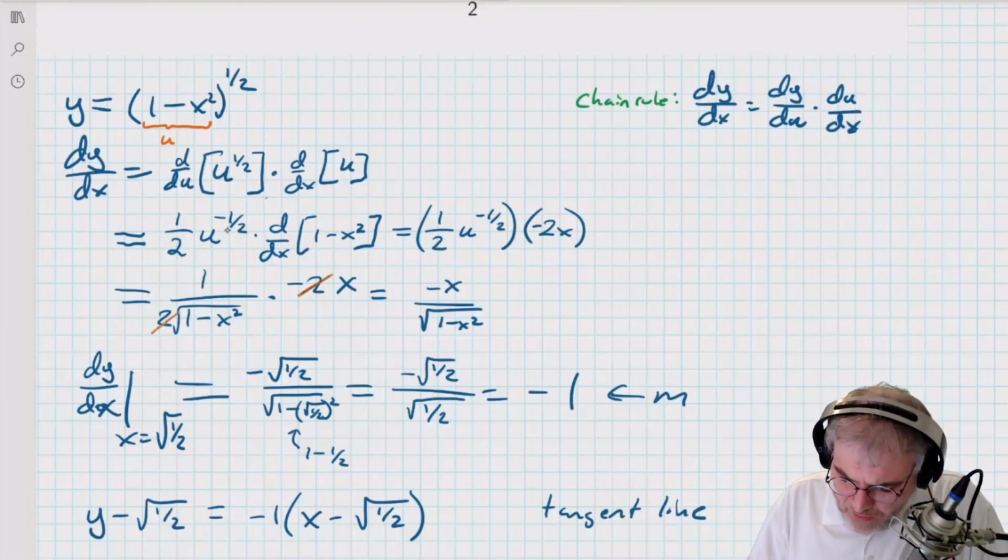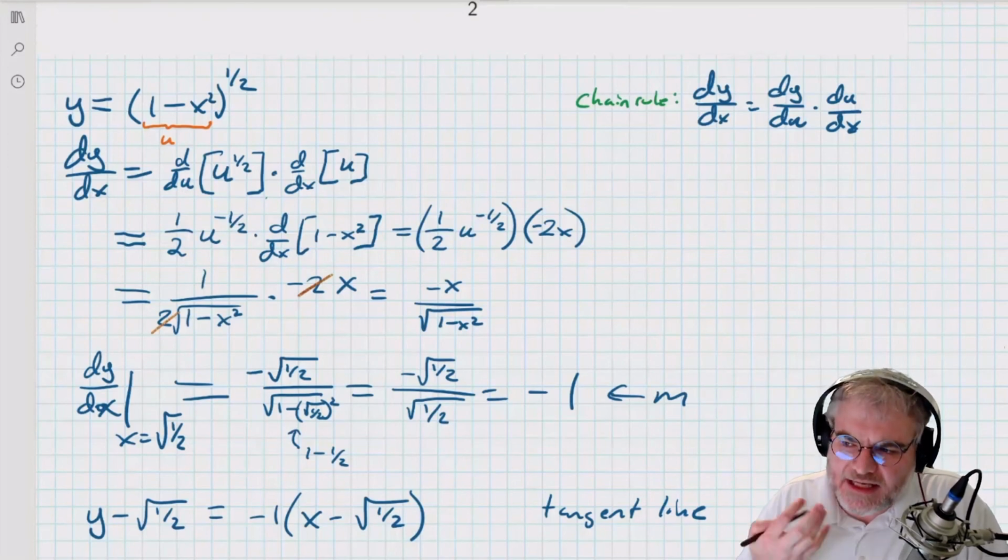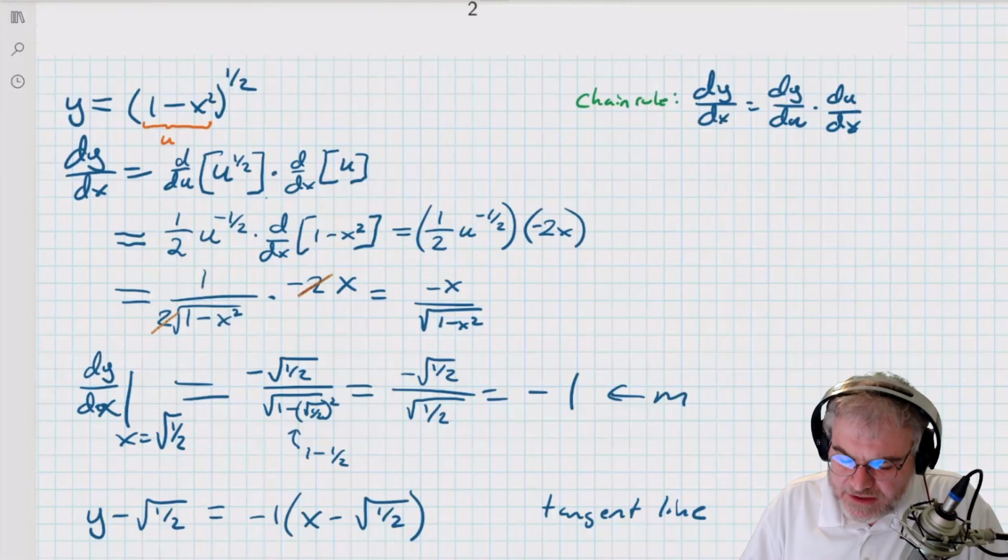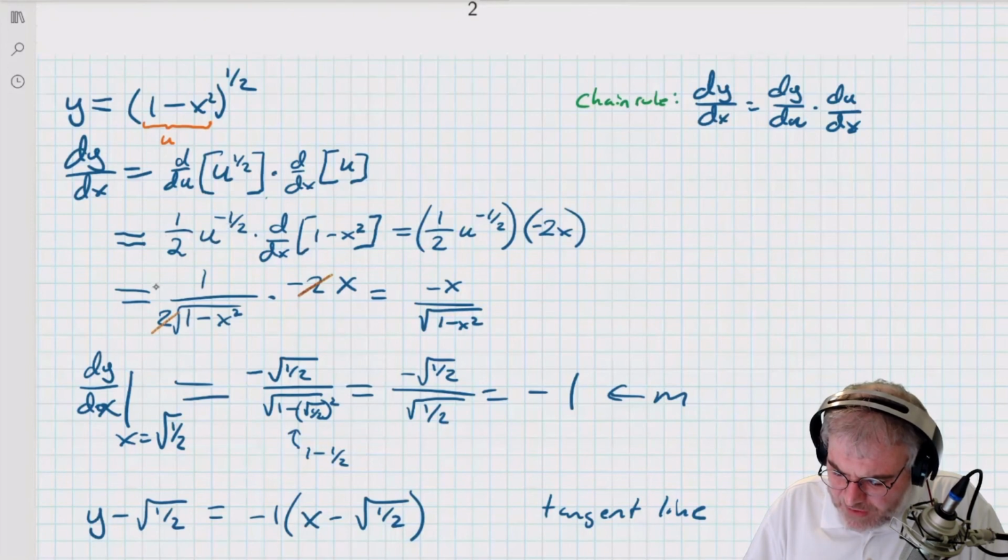So when I do the power rule here, so here I had an x, here I've got a u now. And the point is that the chain rule is the thing that allows me to change the variable by which I'm differentiating. So I'm going to pull the 1/2 in front, and then I'm going to have u to the negative 1/2 times d over dx of this, which is going to be 1/2 u to the negative 1/2 times, and then the derivative of this is negative 2x.